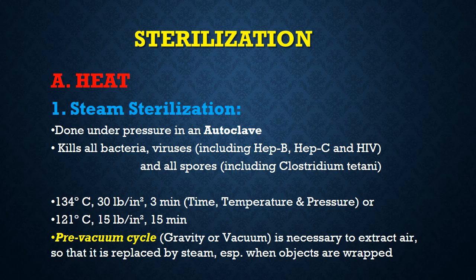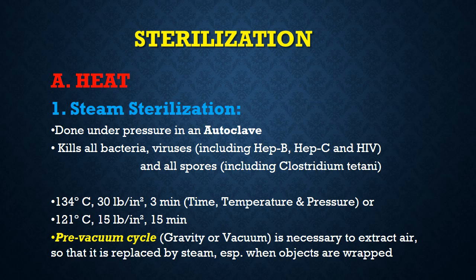As the steam continues to accumulate, the pressure in the instrument chamber keeps increasing, and therefore makes this a very effective sterilizer. Autoclaving kills all bacteria and viruses, including hepatitis B, C, and HIV, and all spores, including Clostridium tetani, etc.